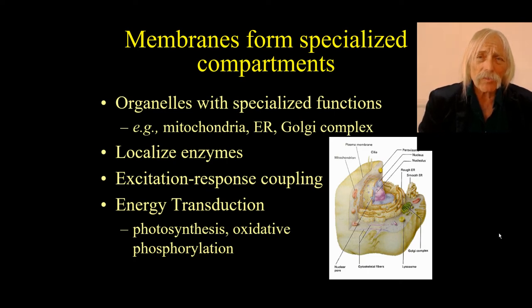Also, of course, when you're dealing with any reactive membrane surface, you're going to have excitation and response to that, a coupling mechanism for transducing that signal. And these can be chemical, neurochemical, and neuroelectrical, depending on what kind of reception is involved, what kind of membrane is involved. And of course, you also have energy transduction, the mitochondrial membrane. Both membranes are involved with that, right?